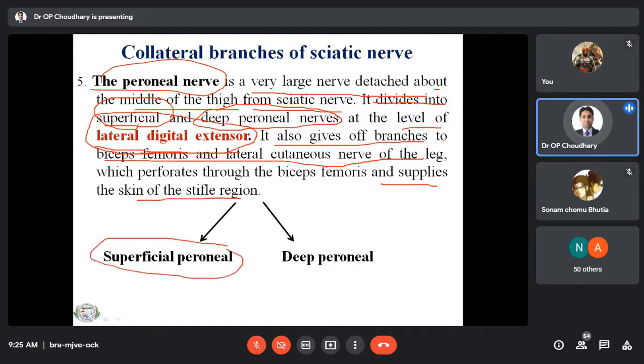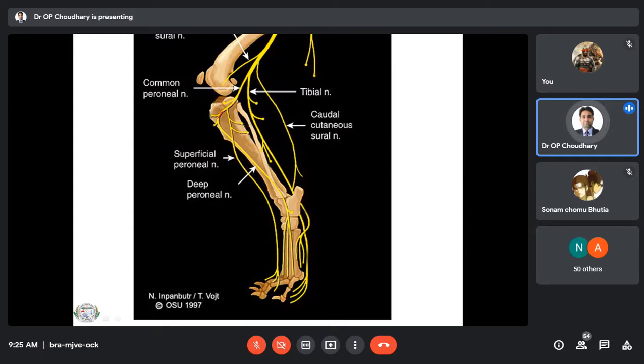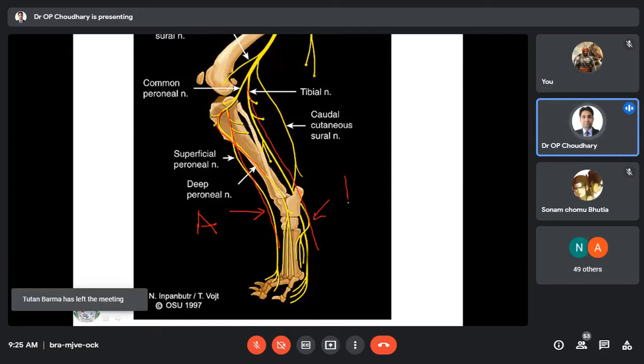So it is divided into superficial peroneal and deep peroneal. I will show you the photograph. You can see here the superficial peroneal and the deep peroneal. Superficial and deep peroneal are present over the anterior aspect of the limb, and the tibial will be present over the posterior aspect of the limb, at the level of the digits or at the level of the metatarsus. The peroneal nerve is present over the dorsal aspect, and the tibial nerve is present over the plantar aspect.